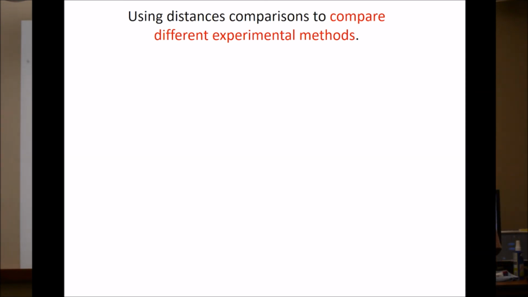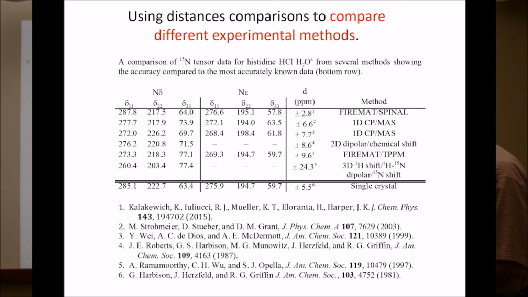Another application of distance measurements is to compare different experimental methods. In this case, several authors, including us, have acquired N15 shift tensor data on histidine hydrochloride hydrate. There's a large single crystal that's known for this, so there's something we could consider a gold standard that we would compare against.